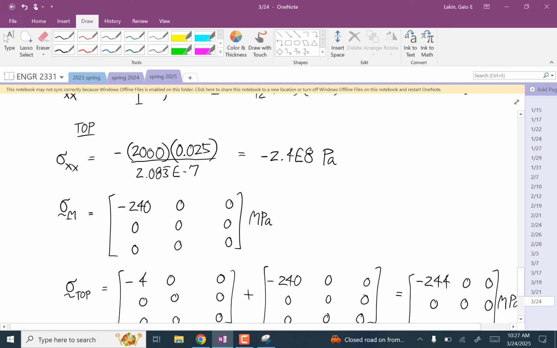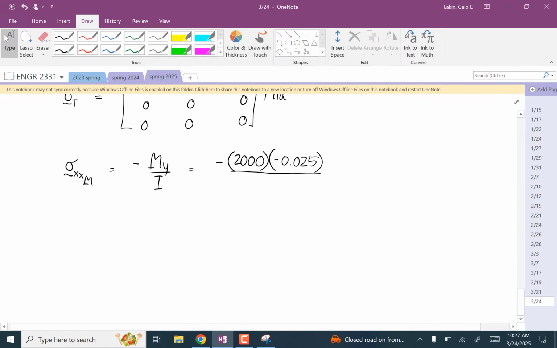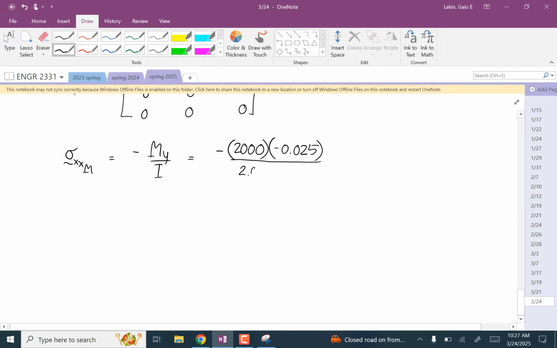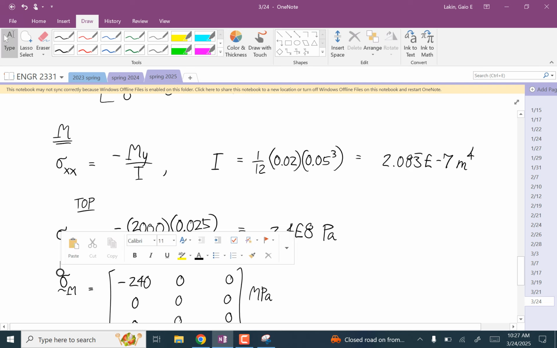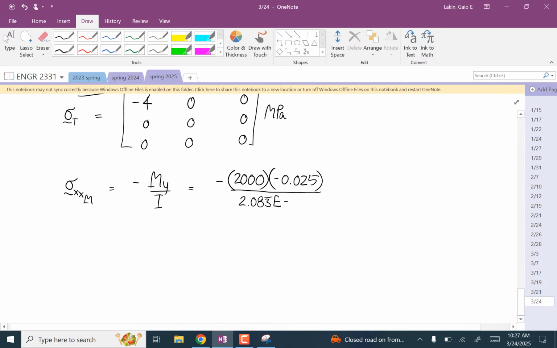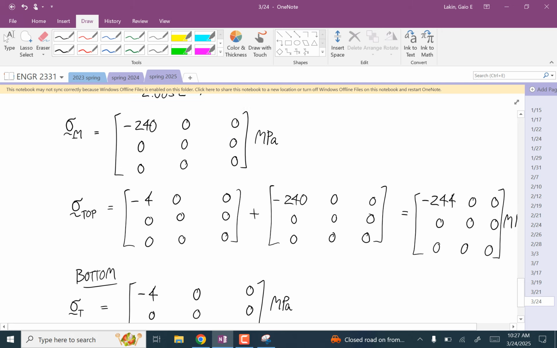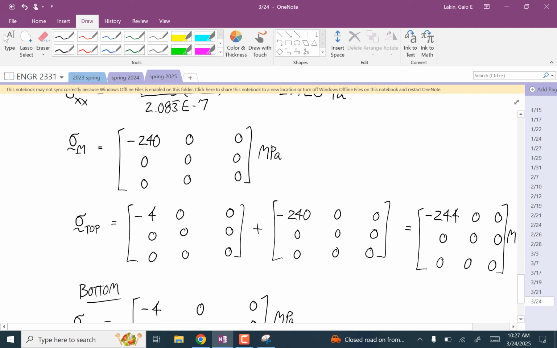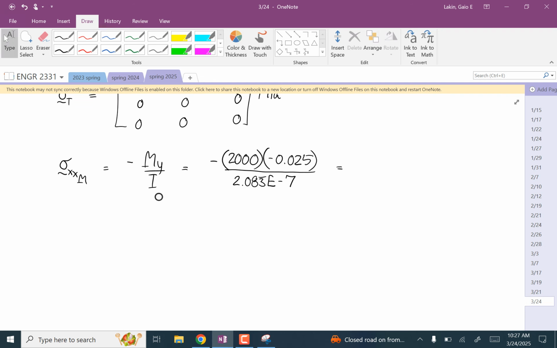We're still dividing by the same area moment of inertia, 2.083 repeating times 10 to the -7. And so we get positive 240.